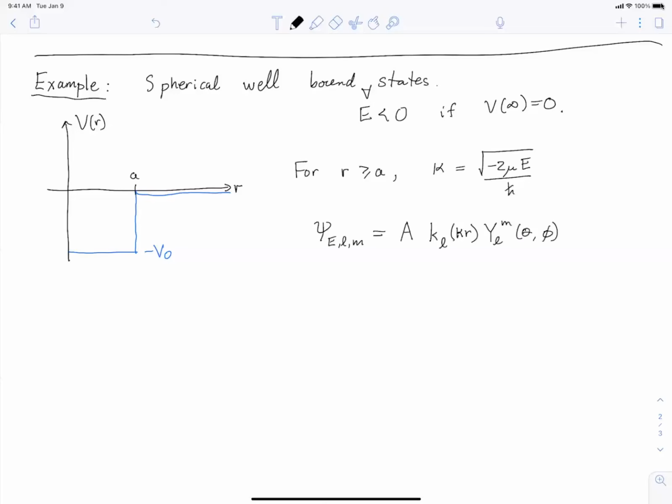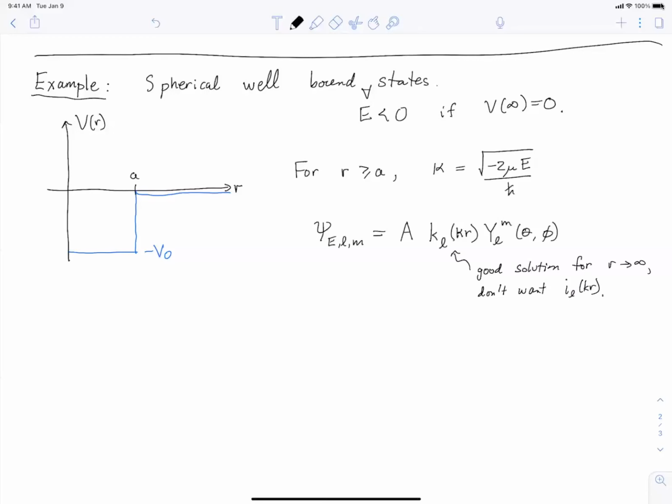Okay, so what we've done is we've used that we know in advance that this is going to be a good solution for r goes to infinity. And so we don't want the other linear combinations. In particular, we don't want the i_l modified spherical Bessel function, because that would blow up at infinity. So that's not what we want.